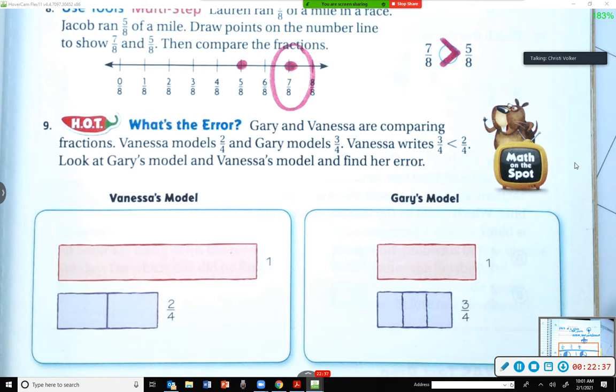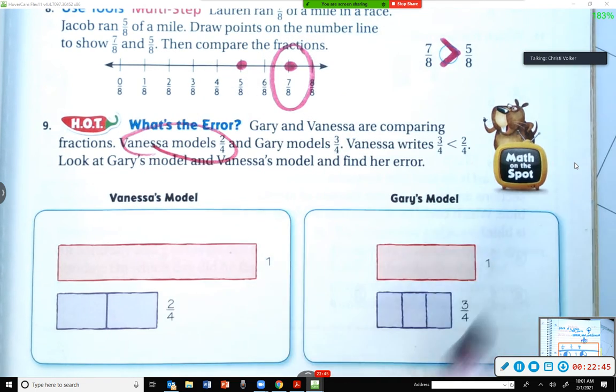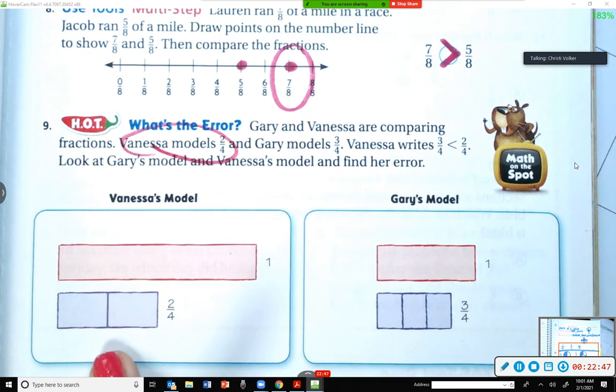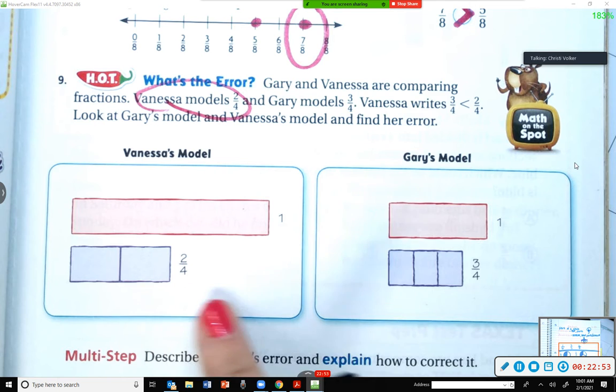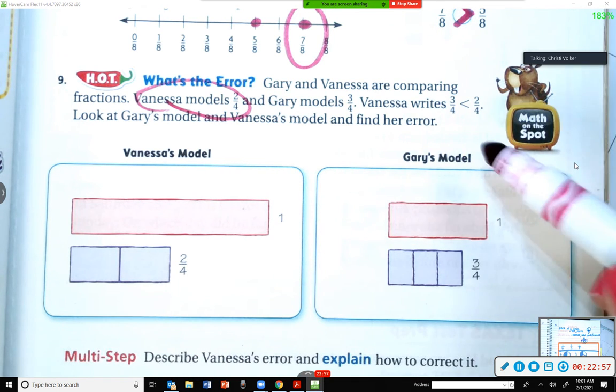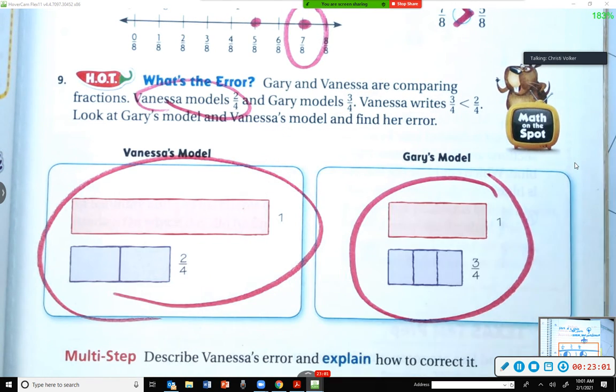Vanessa's model is, they said she eats 2. Yes, Vanessa has 2/4. Well, there doesn't have to be 4 boxes necessarily. But what do you notice about Gary's model and Vanessa's model?